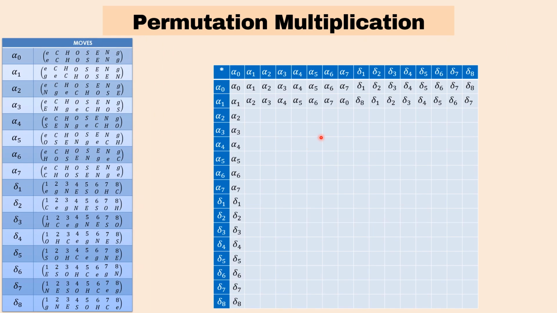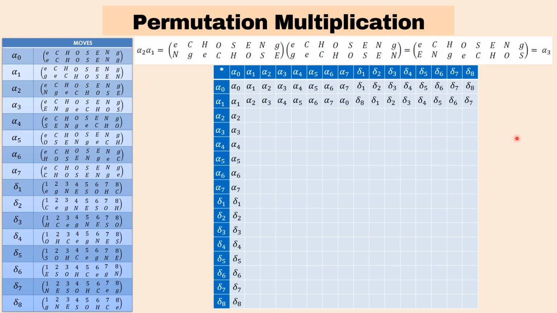So let's just continue the permutation multiplication. Alpha sub 2, alpha sub 1, we have EG, GE, EE, CE, EN, CN, HC, CG, HG, OH, HE, OE, S, O, OC, so CS, ES, SH, so EH, NE, EO, NO, GN, NS, GS.